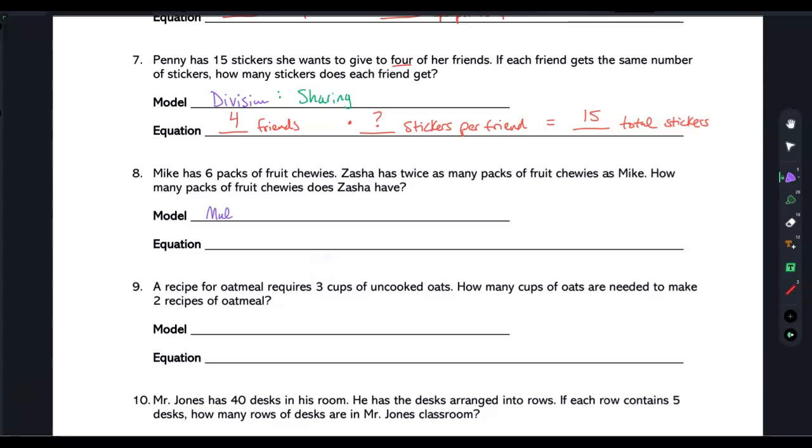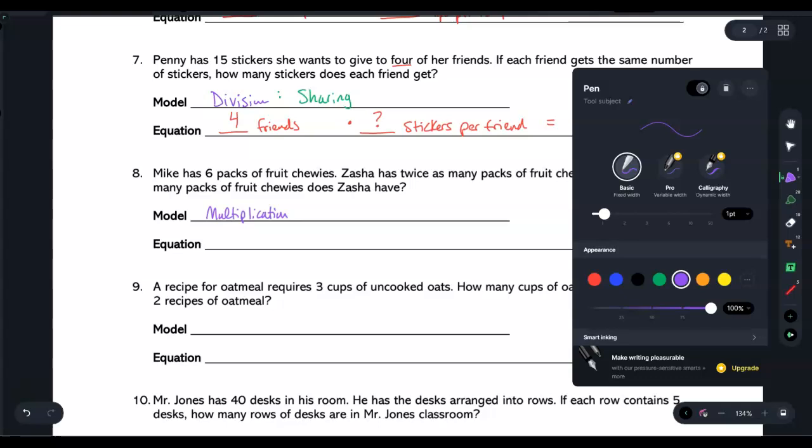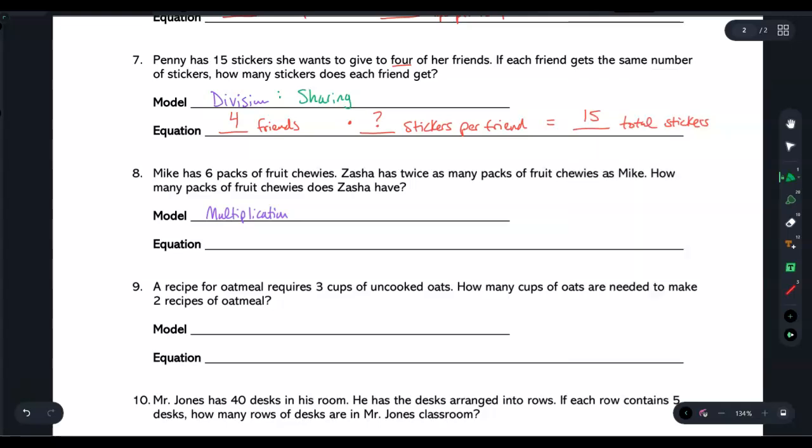So it is possible, again, that you could actually have a division problem that uses multiplicative comparison, but we would consider it still to be a multiplication model. So, multiplicative comparison.